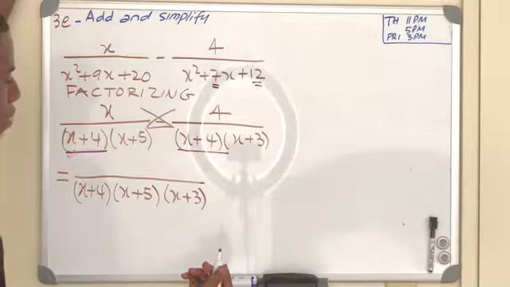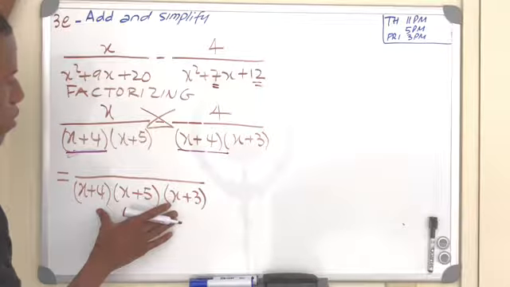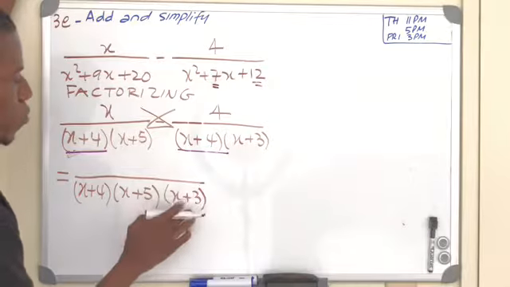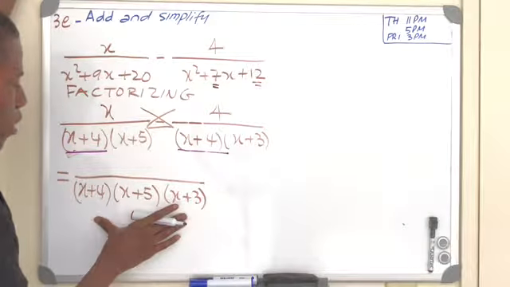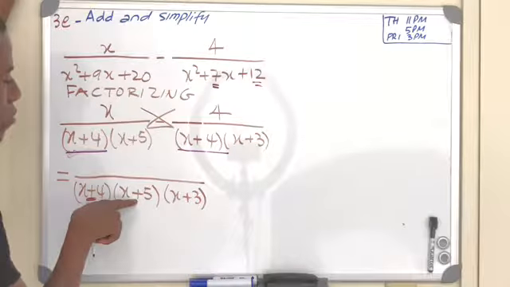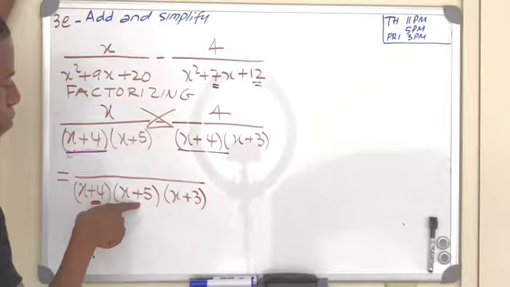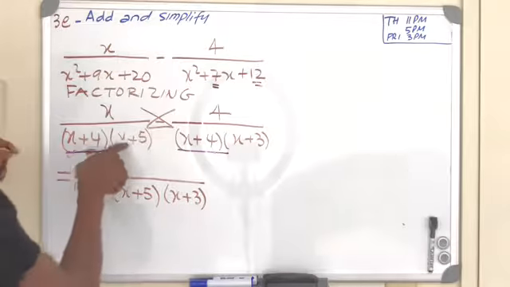So now what I do is, if you divide x plus 4 times x plus 5 times x plus 3 by x plus 4 times x plus 3, you're going to have x plus 5 left. Now you multiply x plus 5 times 4.